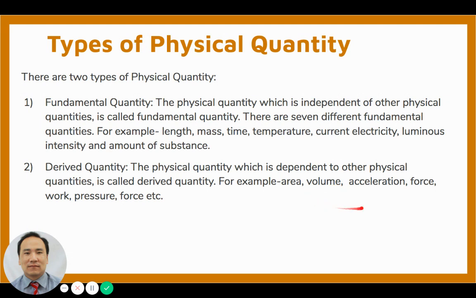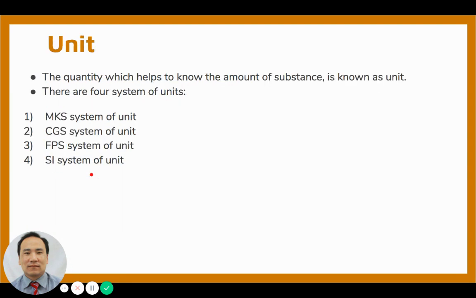That's why they are derived quantities. Why can you not measure them directly? Because they depend on other physical quantities, like area depends on length and breadth, volume depends on length, breadth, and height, acceleration depends on velocity and time. That is why these quantities are called derived quantities.